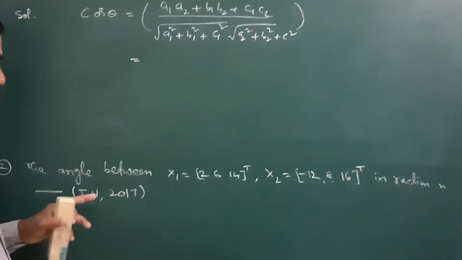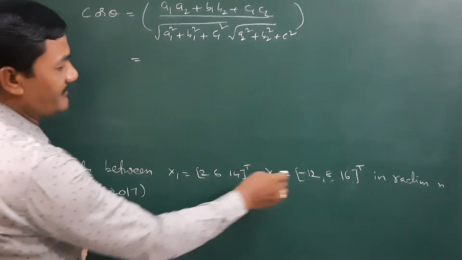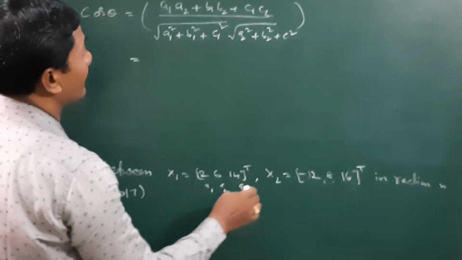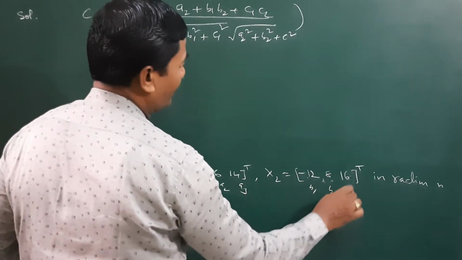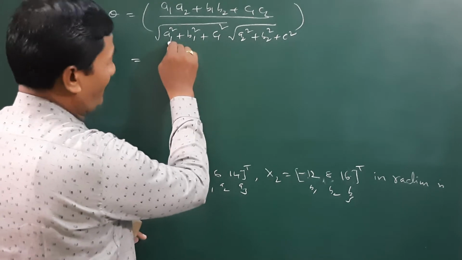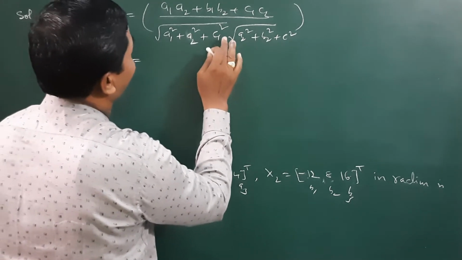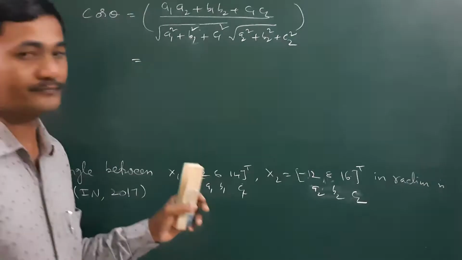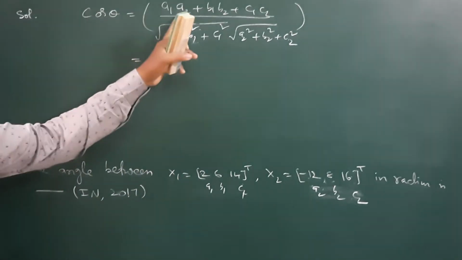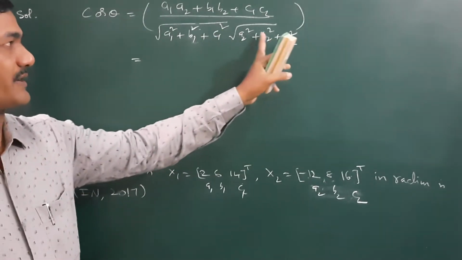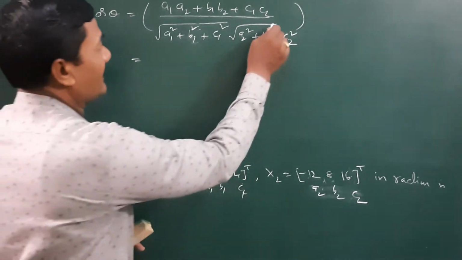So cos theta is equal to A1 A2 plus B1 B2 plus C1 C2 divided by root over A1 square plus B1 square plus C1 square, into root over A2 square plus B2 square plus C2 square.